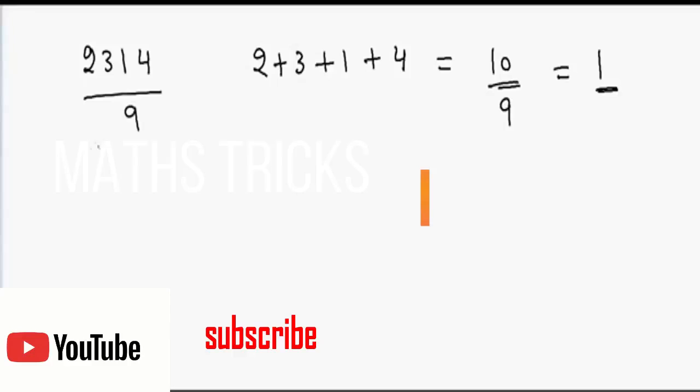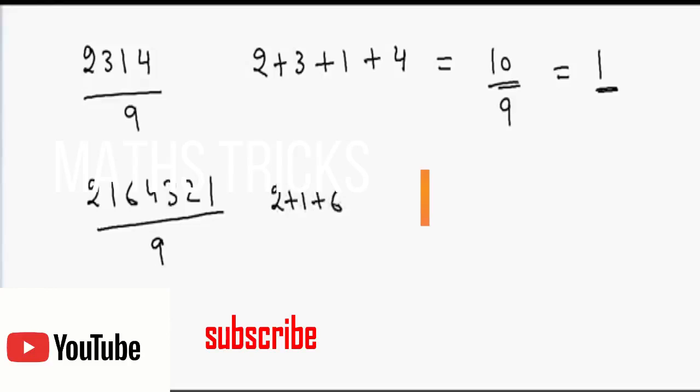Another example is 2164321. You can see it's a very large number, and what will happen if you divide it by 9? In that case 2 plus 1 plus 6 plus 4 plus 3 plus 2 plus 1. So 2 plus 1 is 3, 3 plus 10 is 13, 13 plus 6 is 19.